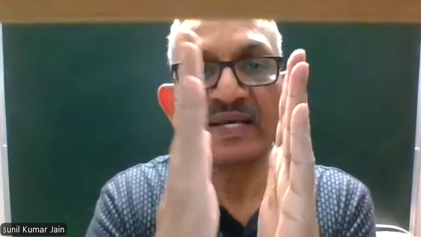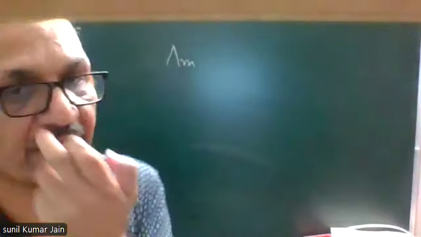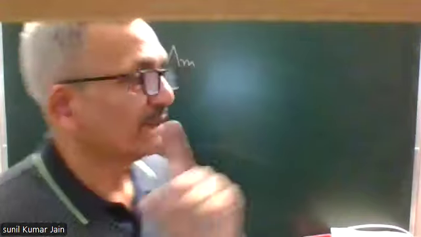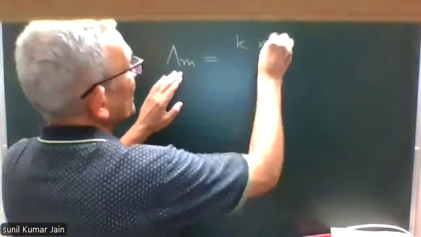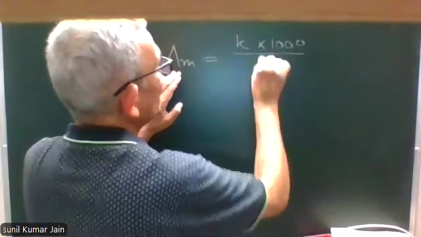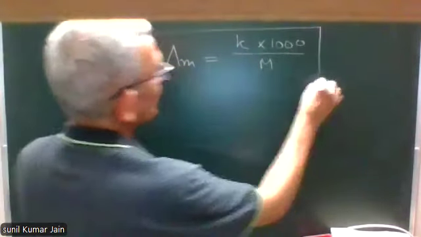The definition further says the electrodes are 1 centimeter apart and have such a large area of cross section that the entire solution can be placed between them. This is the meaning. Now write down the formula mathematically: lambda m is equal to kappa into 1000 divided by molarity.